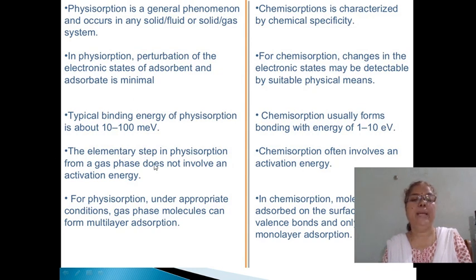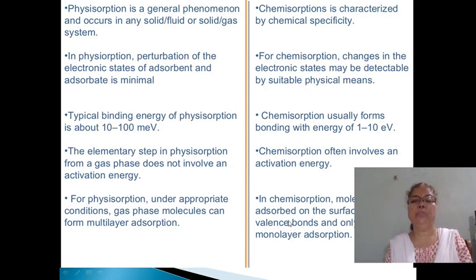Then the elementary step in physisorption from a gas phase does not involve an activation energy, while chemisorption often involves an activation energy. Then for physisorption, under appropriate conditions, gas phase molecules can form multi-layer adsorption.